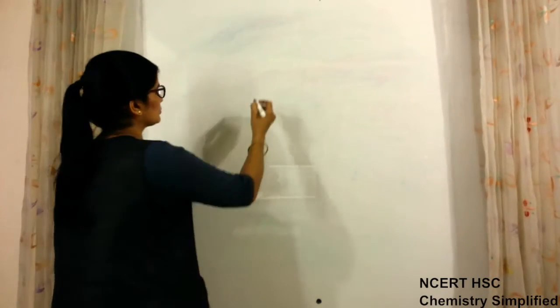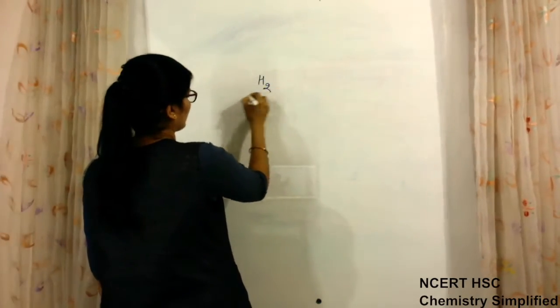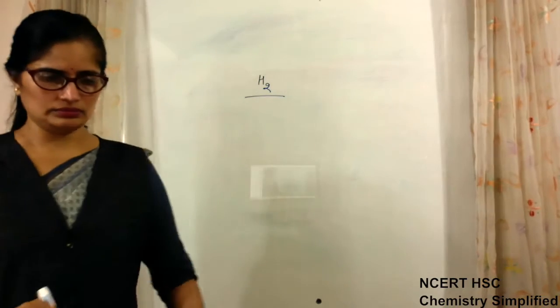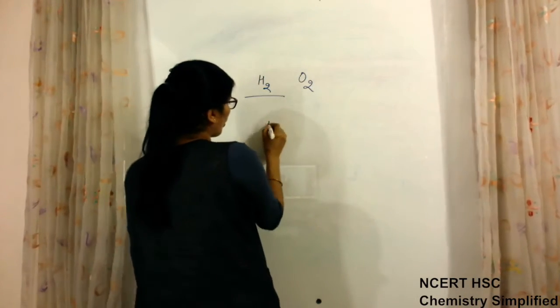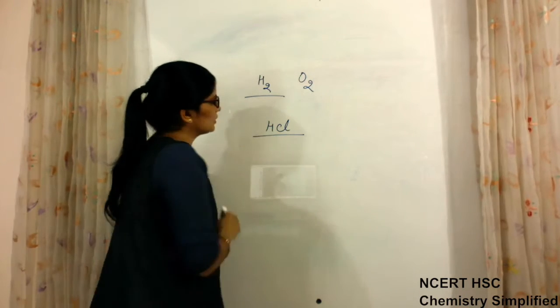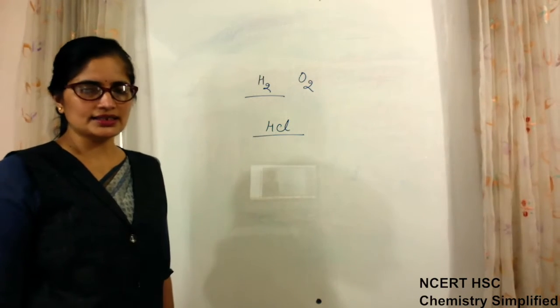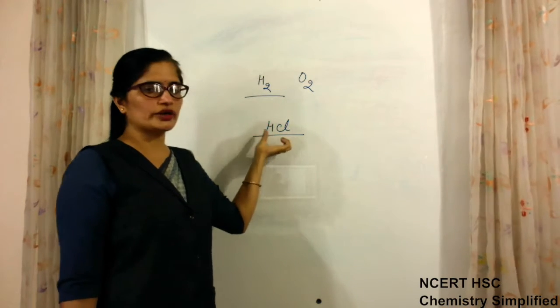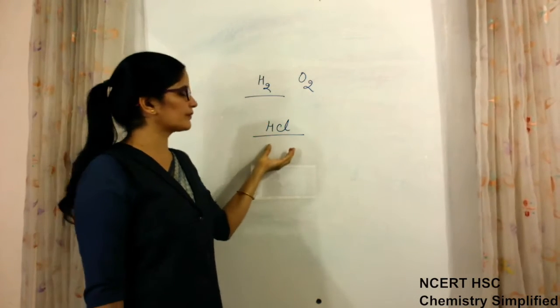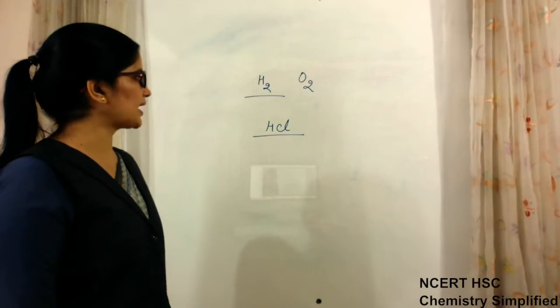Either they form homonuclear molecules like hydrogen, oxygen, or they form heteronuclear molecules like HCl. You can say homoatomic or heteroatomic, homonuclear and heteronuclear. Both terms can be used.